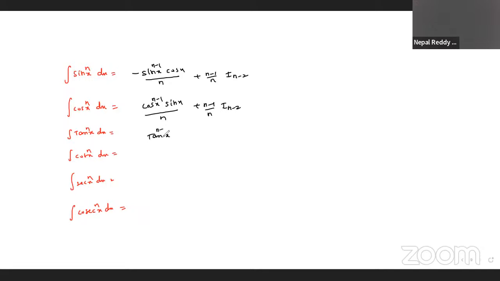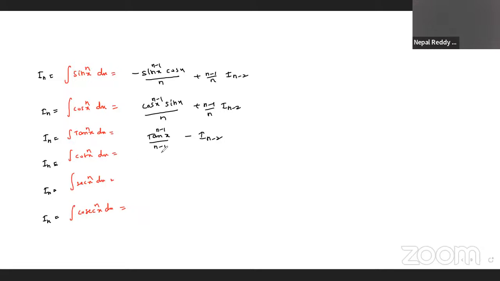Tan x power n minus 1 divided by n minus 1 minus I of n minus 2. This is I of n, since the index is n, consider it as I of n, integral for n power of trigonometric function, right?